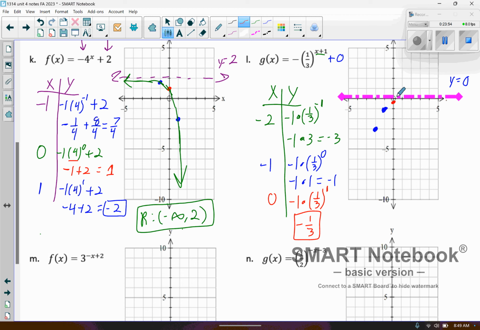And once again, using those 3 points, we'll just make our smooth curve going to the left like this, and then to the right, we go along the guardrail, and that's fine, just like that. And then our range for this one is from negative infinity up to 0.